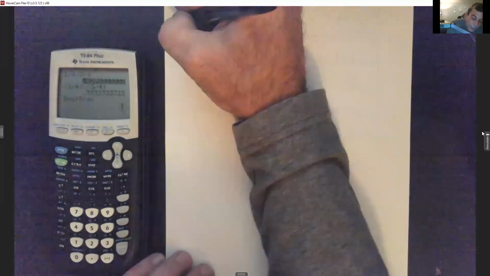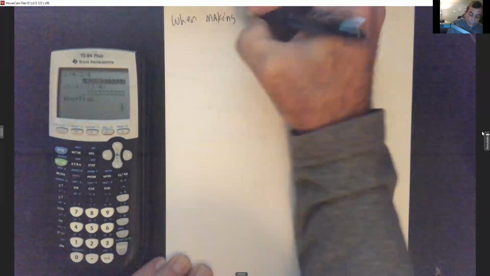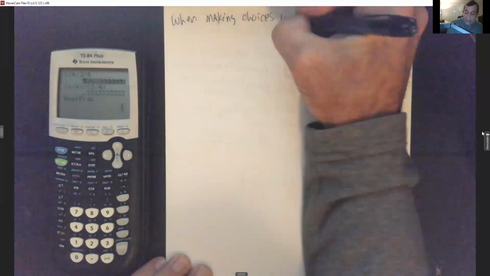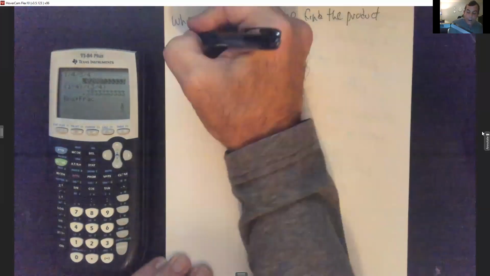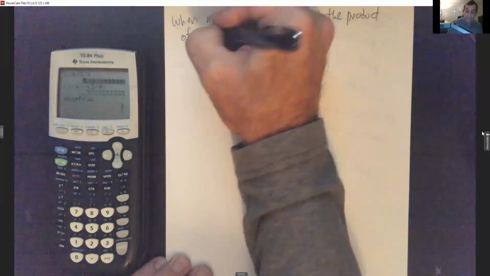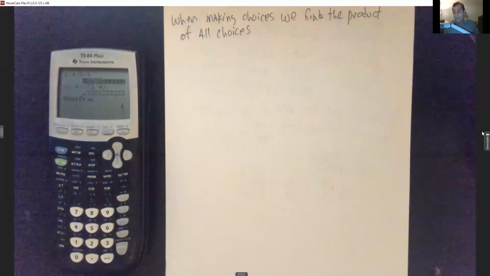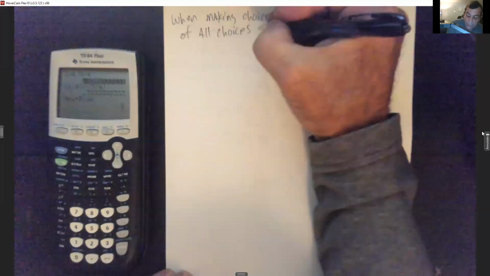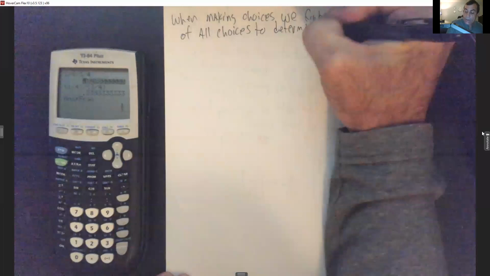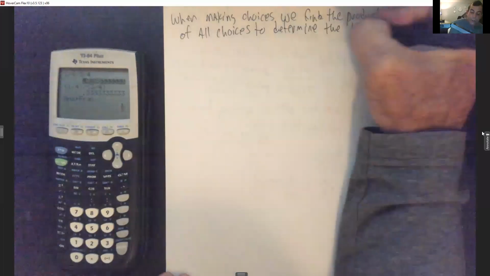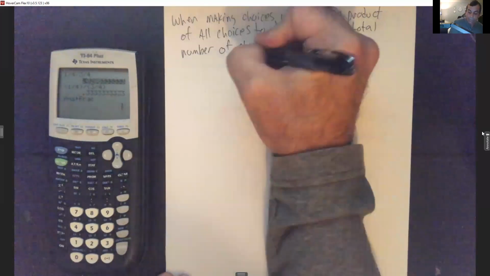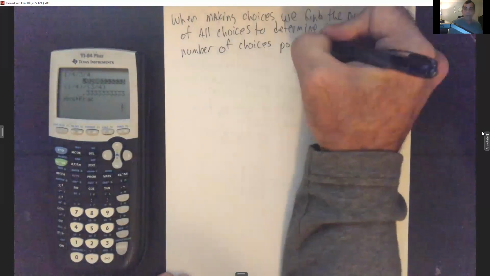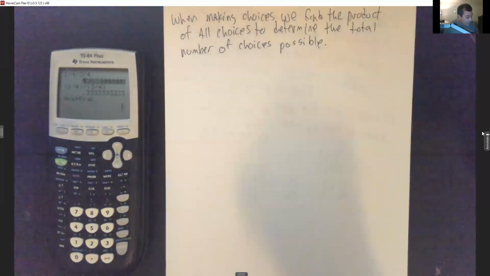So when making choices, we find the product of all choices, okay, to determine the total number of choices possible.